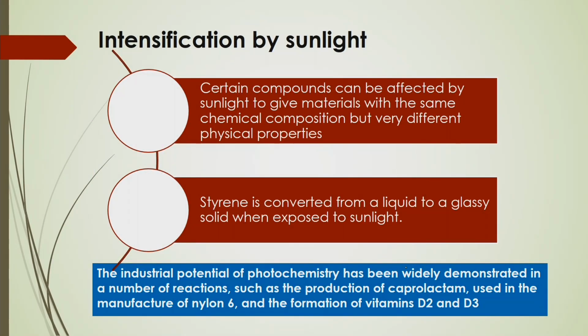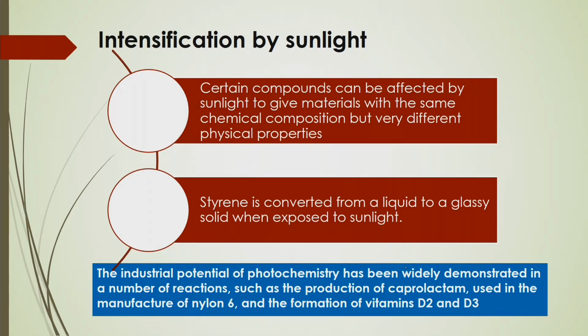process. Now, if you use sunlight also, there may be an intensification of the reactions, like certain compounds that can be affected by sunlight to give materials with the same chemical composition, but very different physical properties. Like styrene is converted from a liquid to a glassy solid when it is exposed to sunlight.